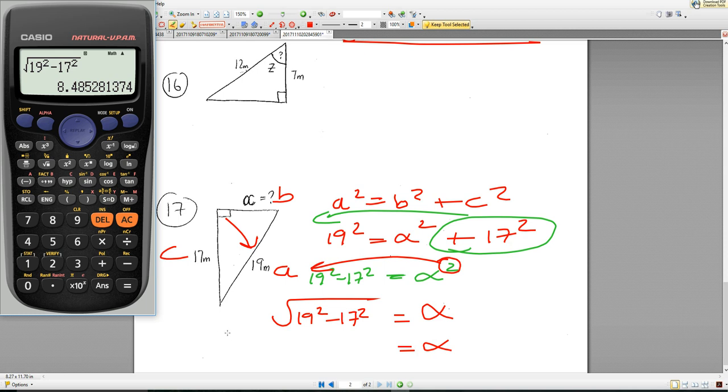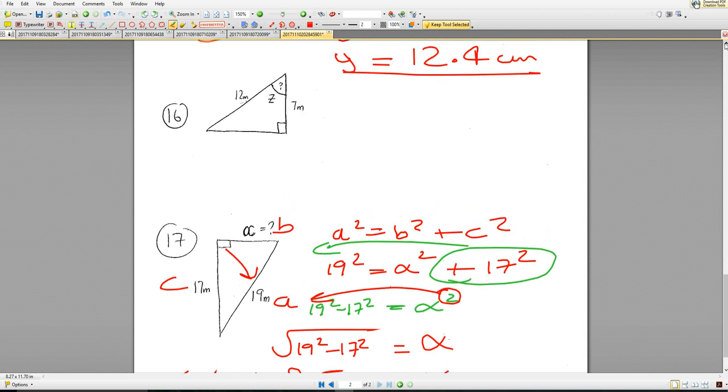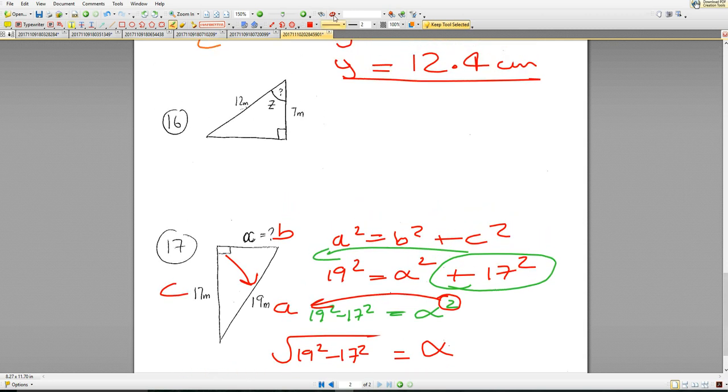If you round to one decimal place, that gives you 8.5 centimeters, and that is 1 dp. So that's another Pythagoras theorem question. Let's go back up to our last question before we finish this video.